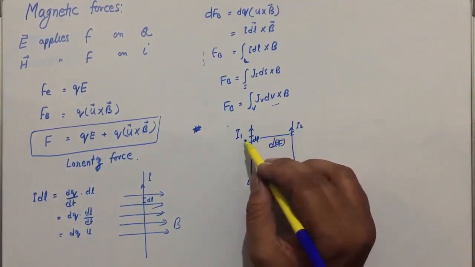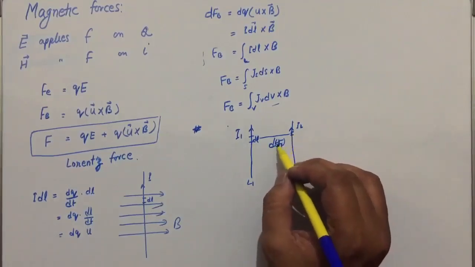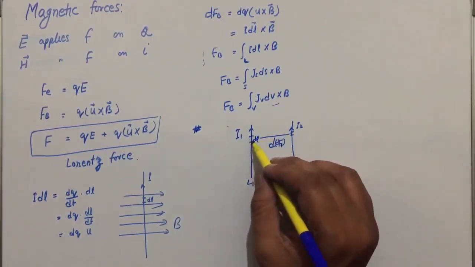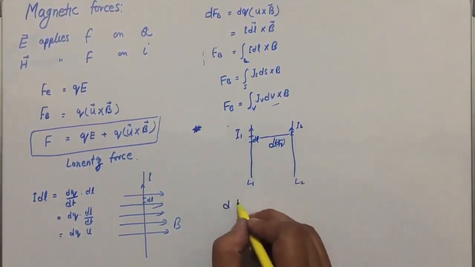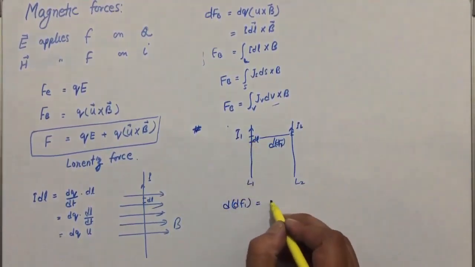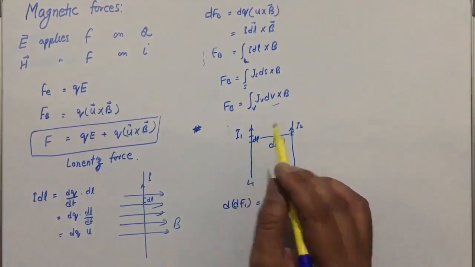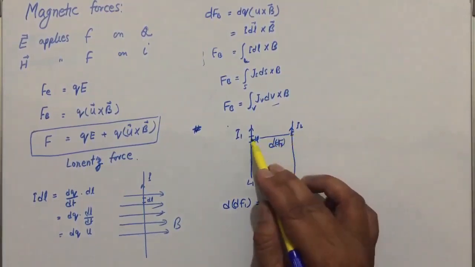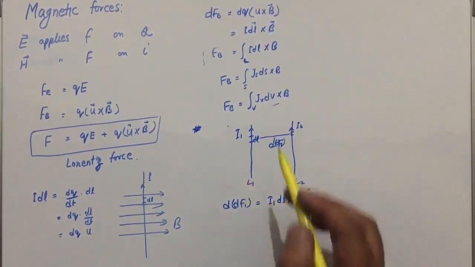If we are trying to find the force on conductor 1, then for this small portion we write dF1, which will be I1 dl1 cross the field generated here, that is dB2, since I dl cross B is what we have.